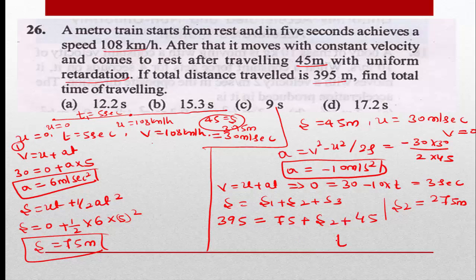For the time of traveling, time is equal to distance divided by speed. Distance is 275 divided by speed 30, that is 9.16, nearly 9.2 second.